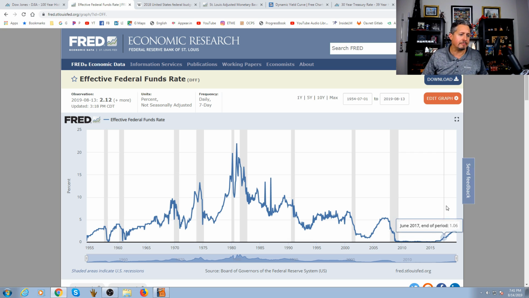Anyways, let's continue on. So the federal funds rate, I just want to make this clear because most people don't know. This is the interest rate at which the central bank, the Federal Reserve, loans money to other banks.